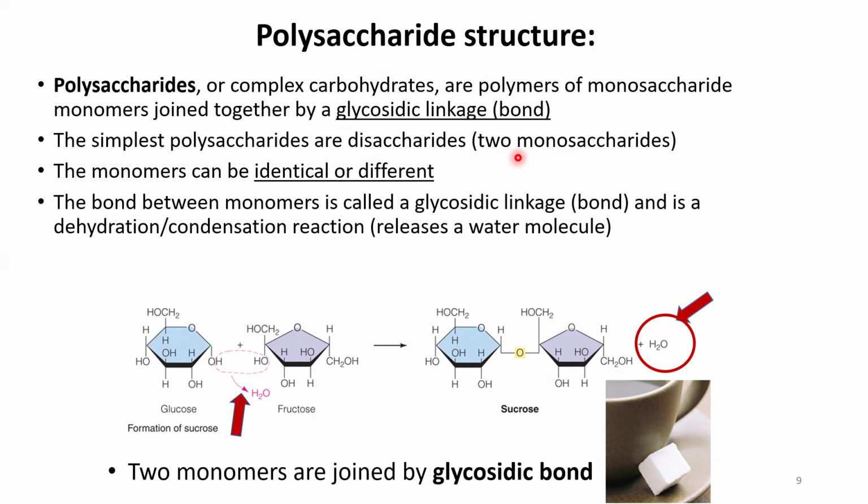These monomers can be identical or different depending on the type of sugar. For example, sucrose is glucose and fructose, which becomes sucrose by taking out a water. It's a dehydration reaction that involves a glycosidic bond. This is what you would call a glycosidic bond.